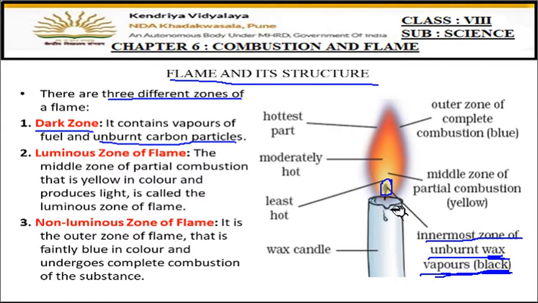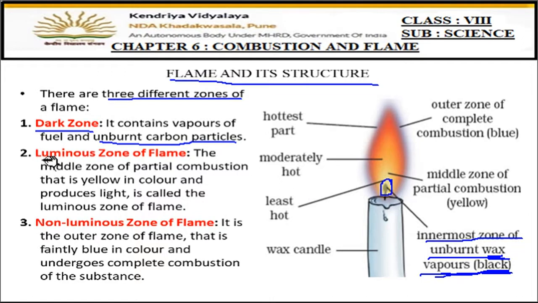Now this molten wax is going into the wick and catching fire. The unburnt wax material, which also contains carbon, remains in this part, and that's why it is dark in color.